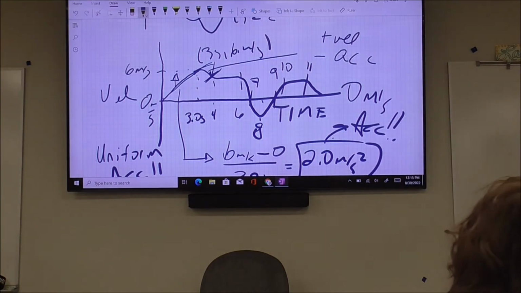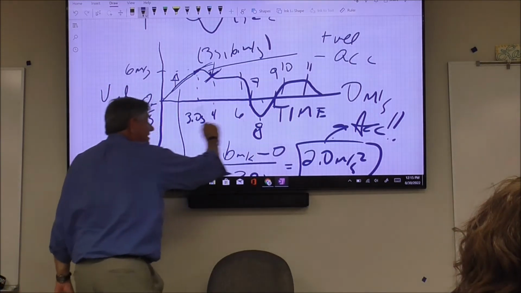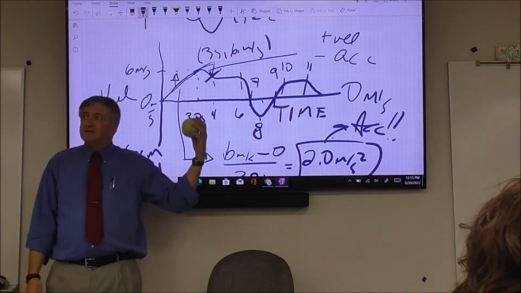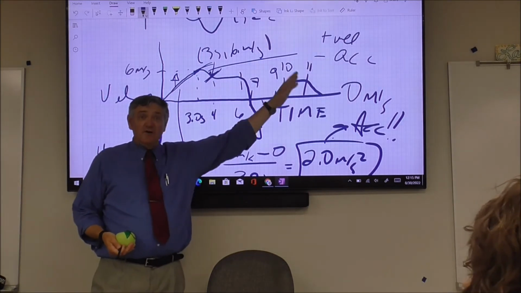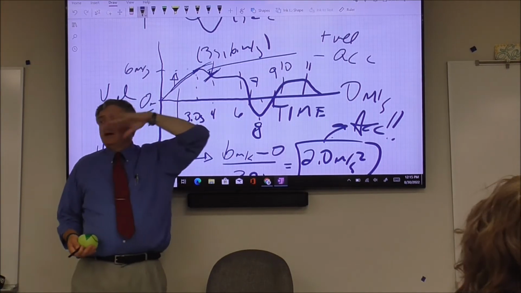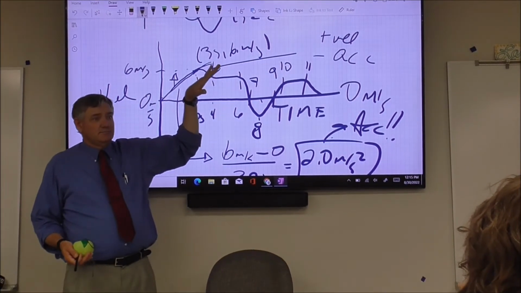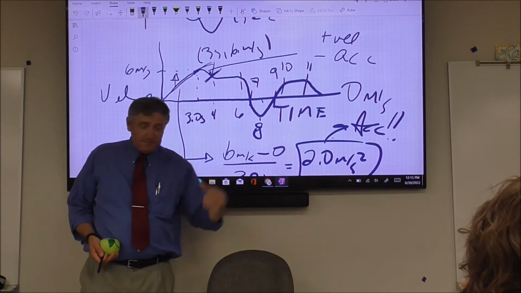I didn't change direction because my velocity didn't change sign. My velocity is still positive. So as long as this velocity is above 0 meters per second, as long as I'm somewhere up here, I didn't change direction.